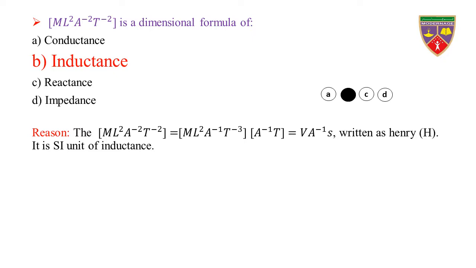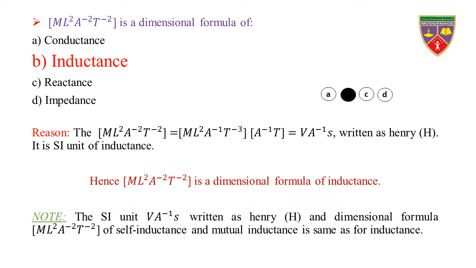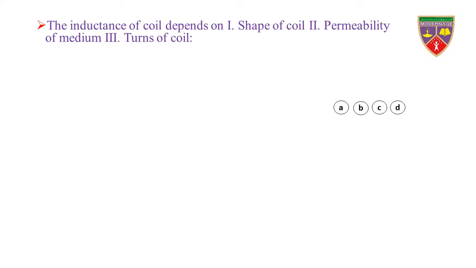It is the SI unit of inductance. Hence, [M L power 2, A power minus 2, T power minus 2] is the dimension formula of inductance. Note: the SI unit volt second per ampere, written as Henry, and the dimensional formula of self-inductance and mutual inductance are the same as for inductance.